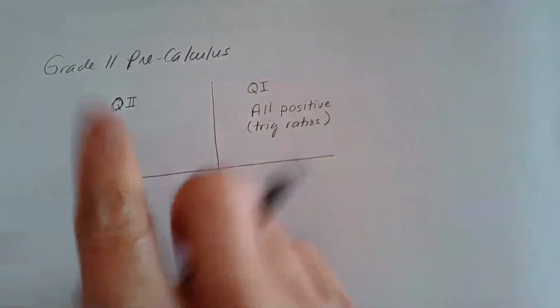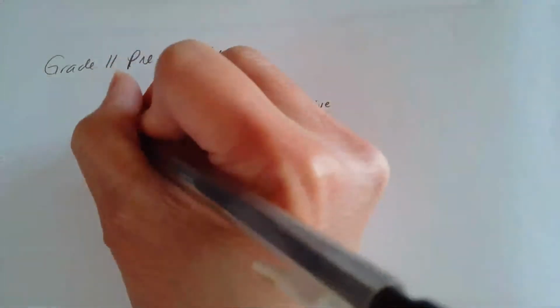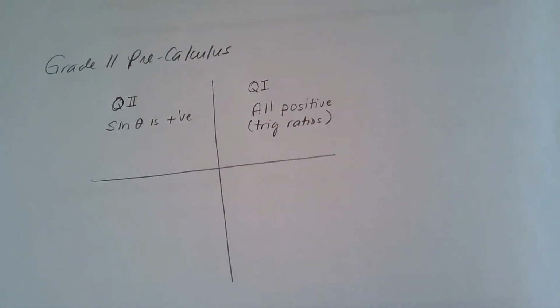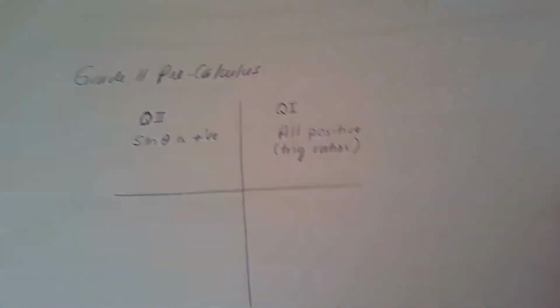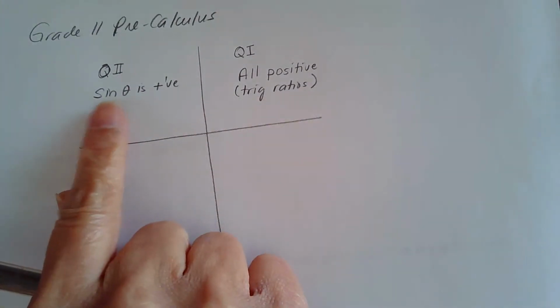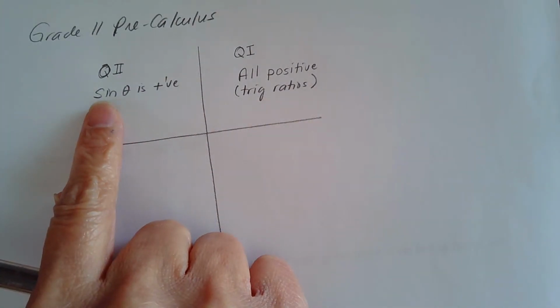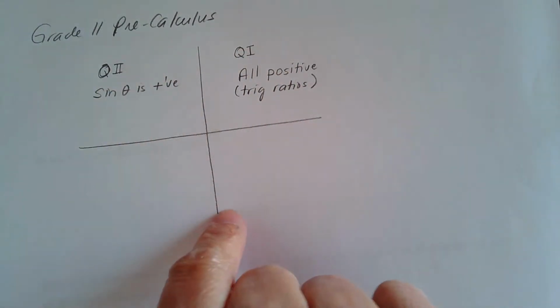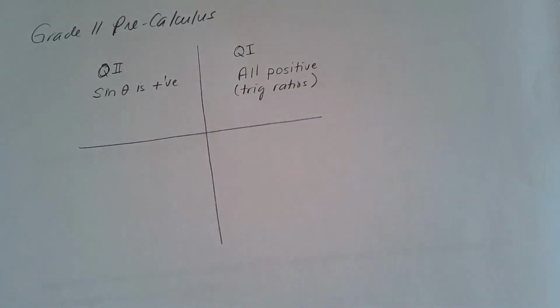In this particular case, only sine theta is positive. Cosine is going to be negative, tangent is negative. Now if sine is positive, then cosecant is also positive. So we're talking about the three trigonometric ratios in this particular case.